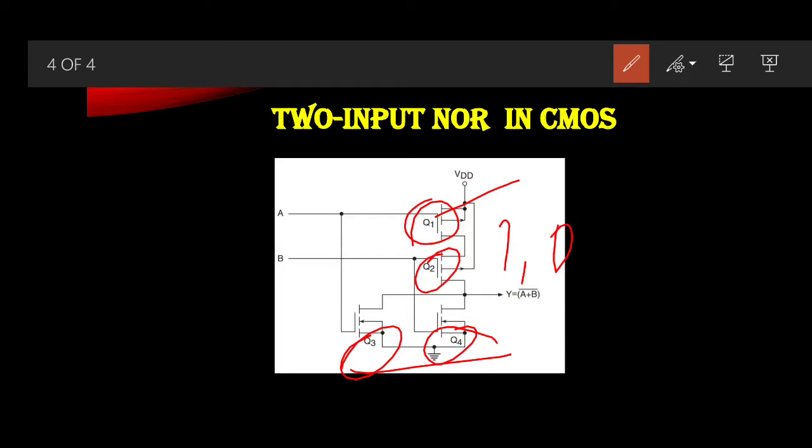Now for the remaining two entries, either of the two parallel N channel devices will be conducting and either of the two series connected P channel devices will be non-conducting. So we have either Q1 off and Q3 on, or Q2 off and Q4 on. The output in both the cases will be logic 0. This will verify the remaining entries of the truth table.